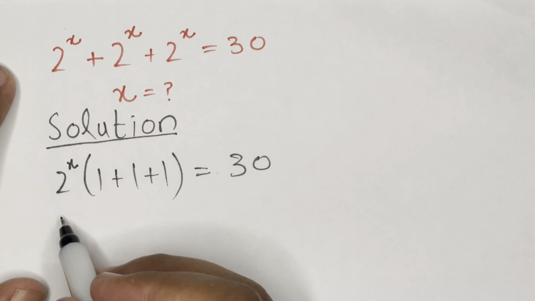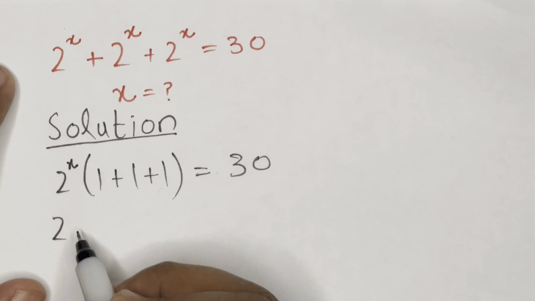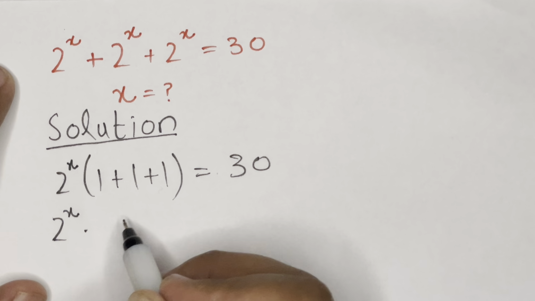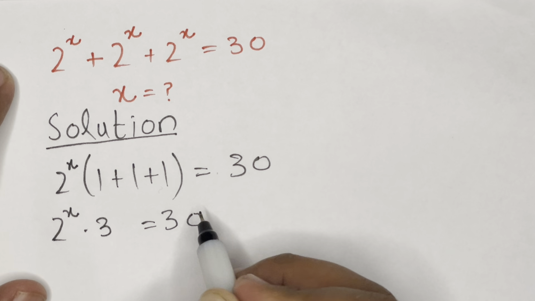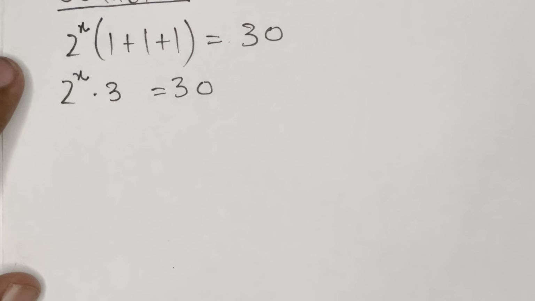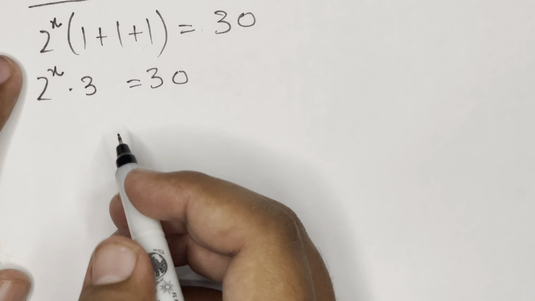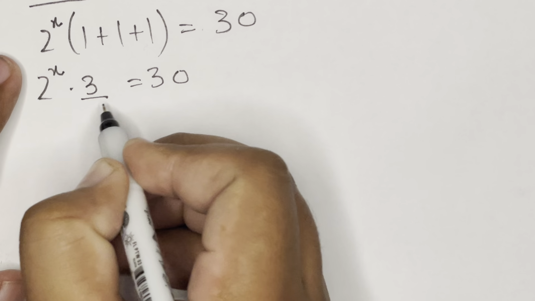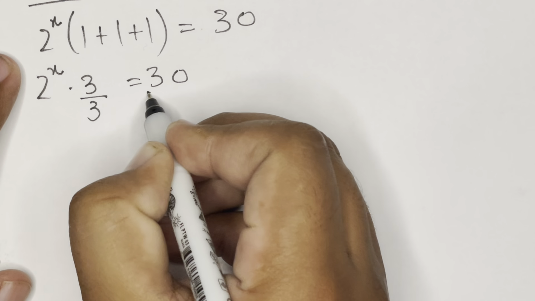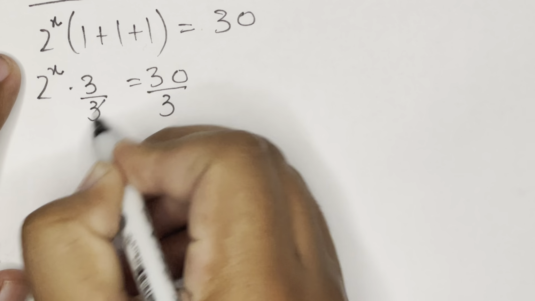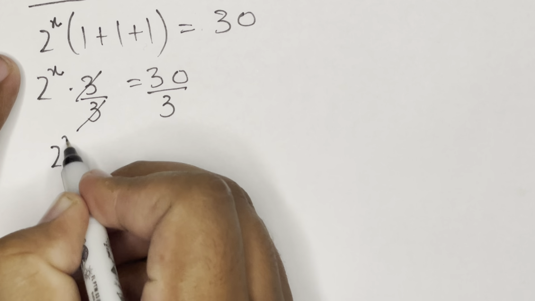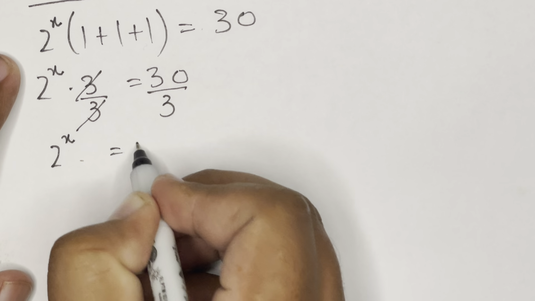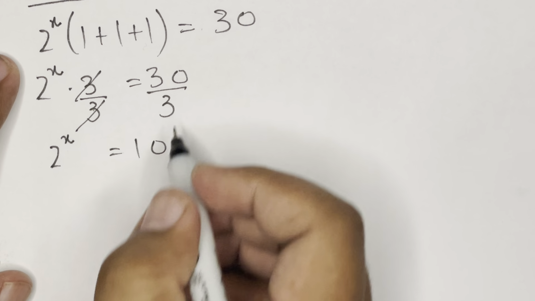So I can write it like that: 2 power x into 3 equal to 30. Now I can divide both sides by 3 and the equation will be like that: 2 power x equal to 10.